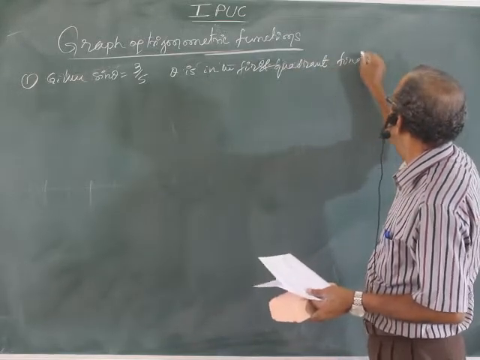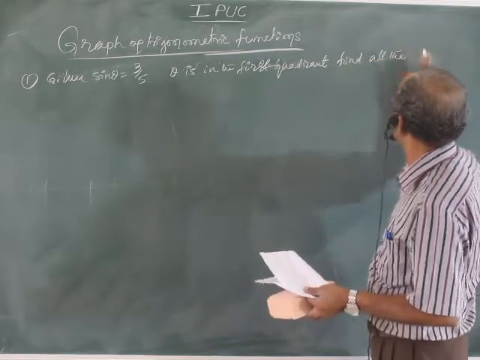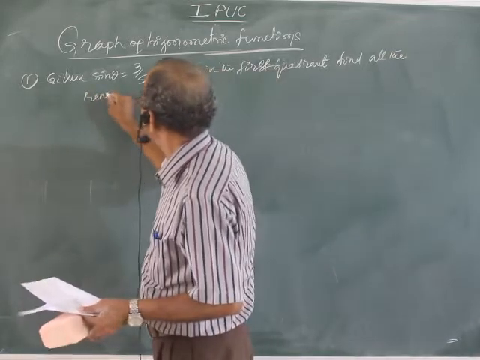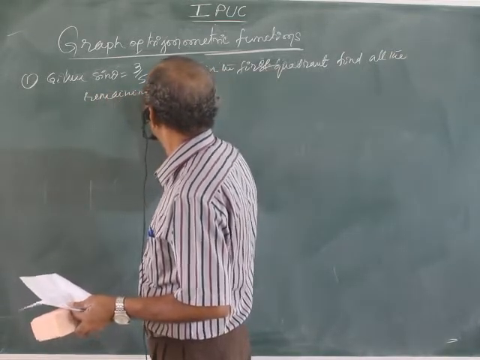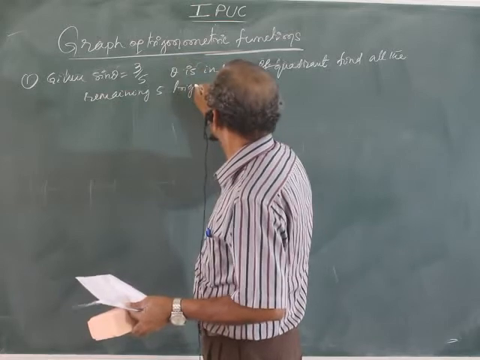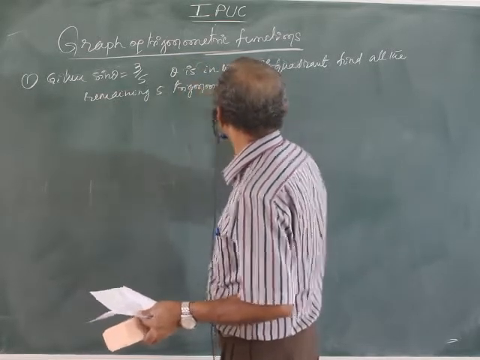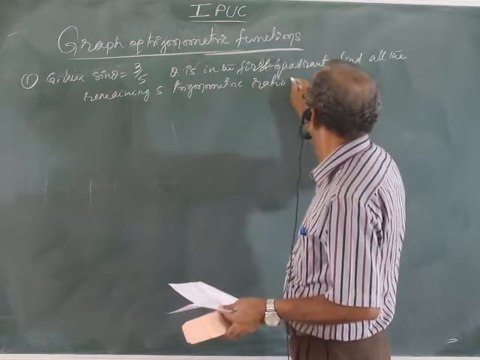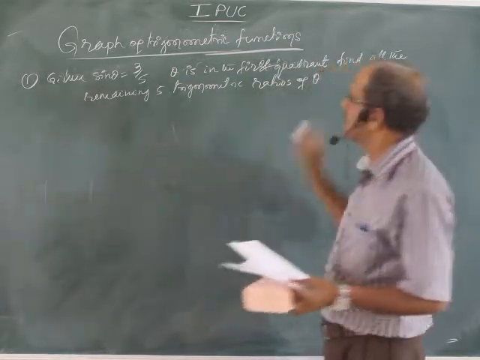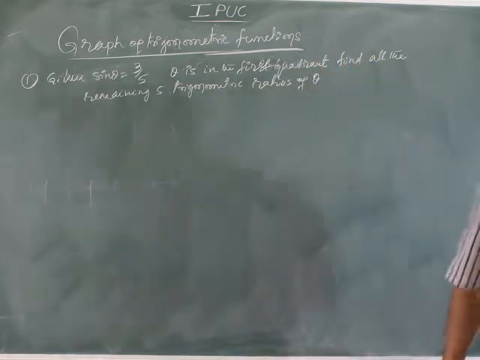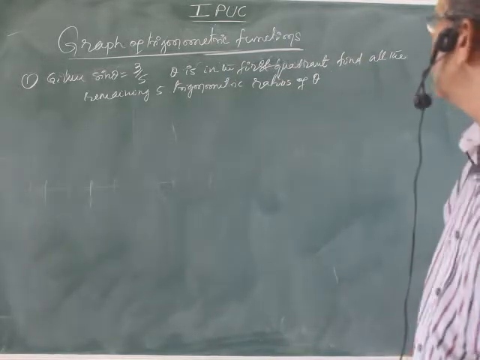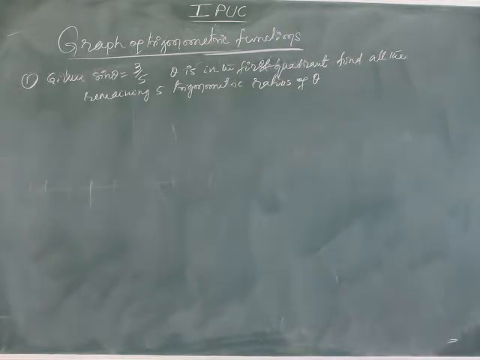Find all the remaining 5 trigonometric ratios of theta.